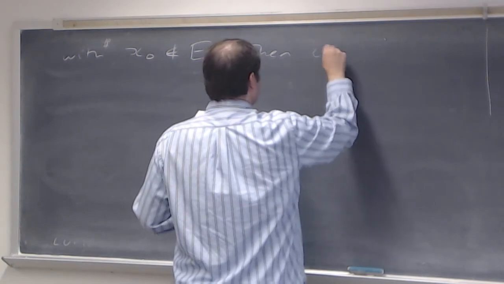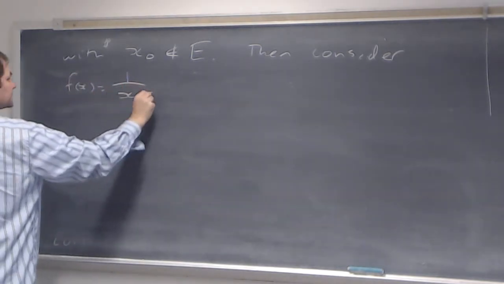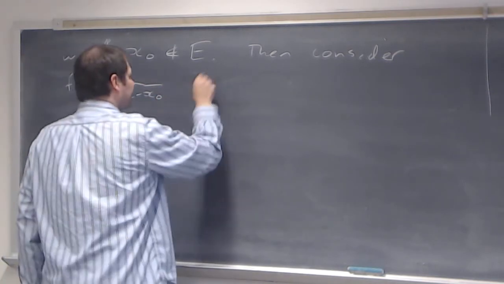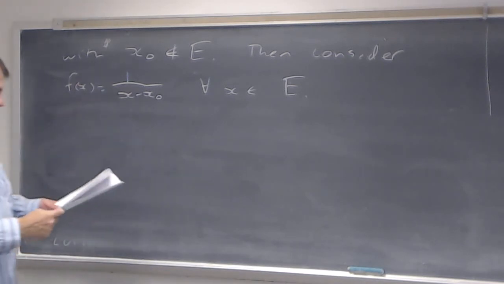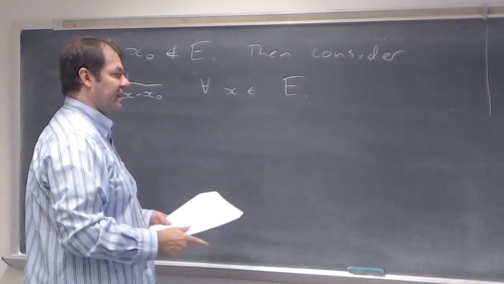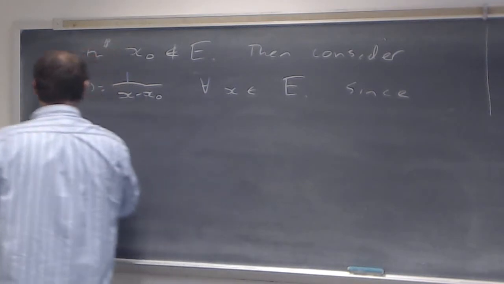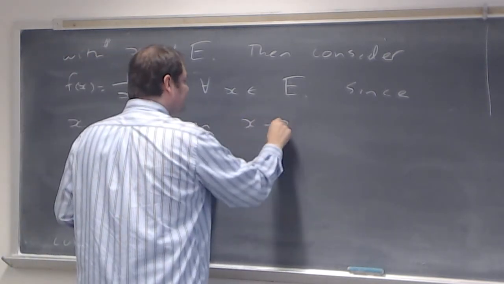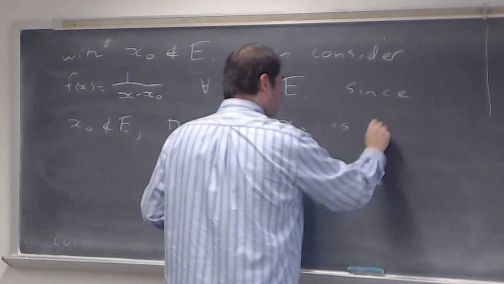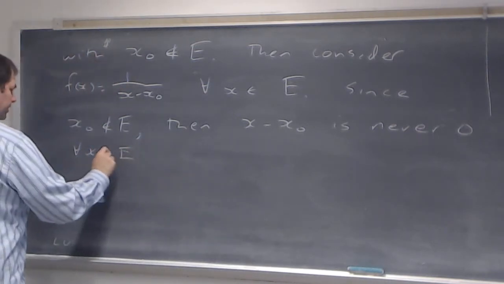We define f of x equal to 1 over x minus x naught, for every x element of E. Now, what we're going to show is this function is not bounded on E, and this will be case 1 of part A. Since x naught is not in E, then x minus x naught is never 0 for all x in E. So we're not dividing by 0.